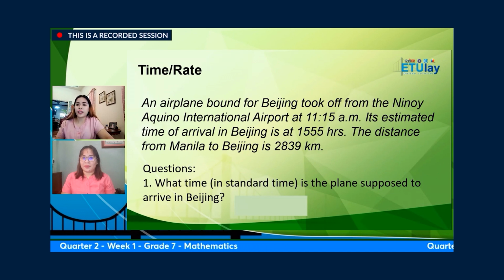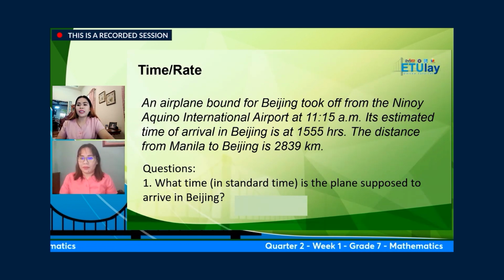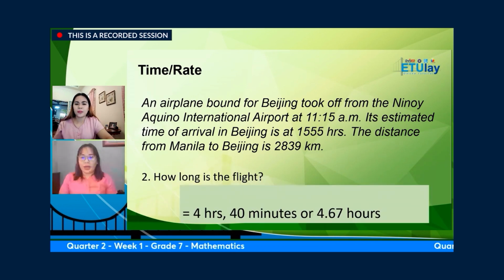Okay. So again, the question, what time in standard time is the plane supposed to arrive in Beijing? The given estimated time of arrival is 15:55 hours. If we convert it to standard time, that would be 3:55 p.m. For question number 2, how long is the flight?